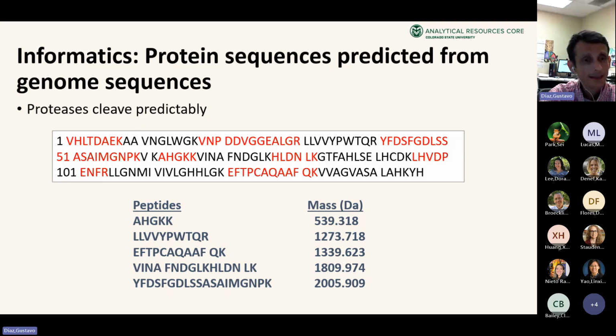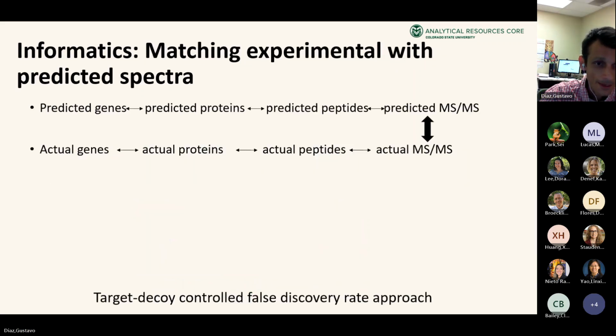And then, since the fragmentation of the peptides is also predictable, we will get all the theoretical possibilities for the MS2. Again, using informatics, we compare the theoretical MS2 with the actual MS/MS that we get from our samples.